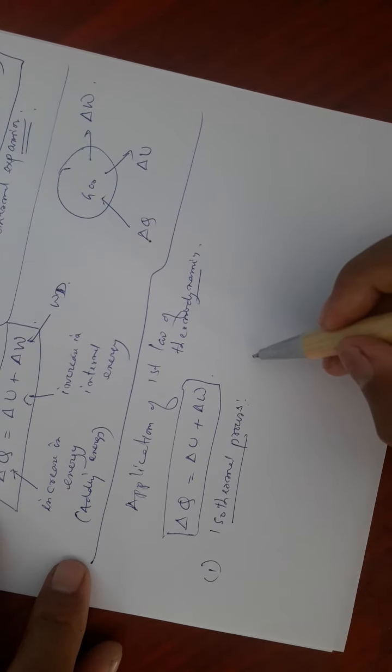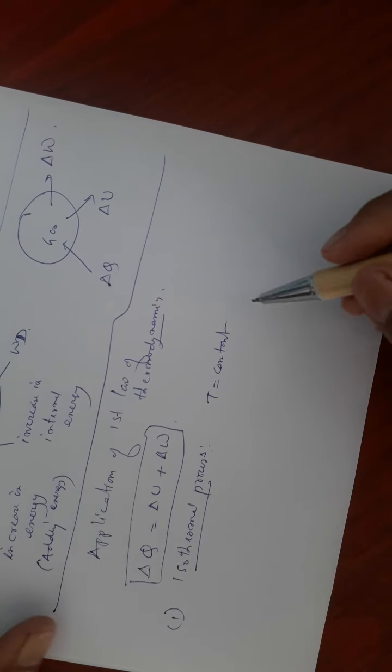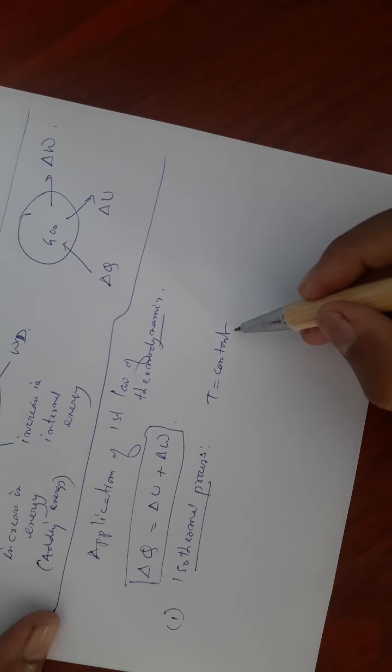We know that in an isothermal process, temperature is constant.